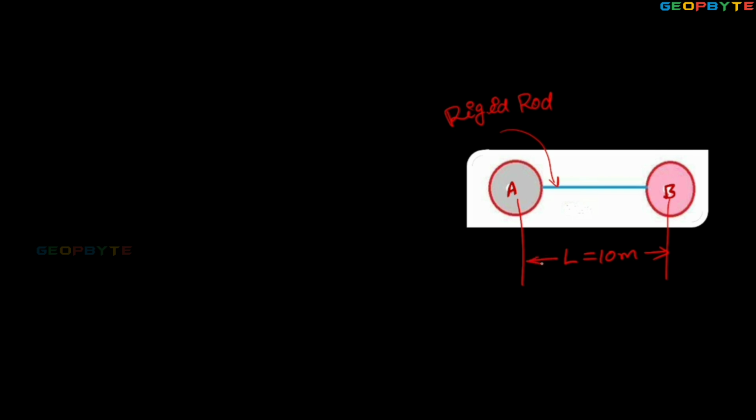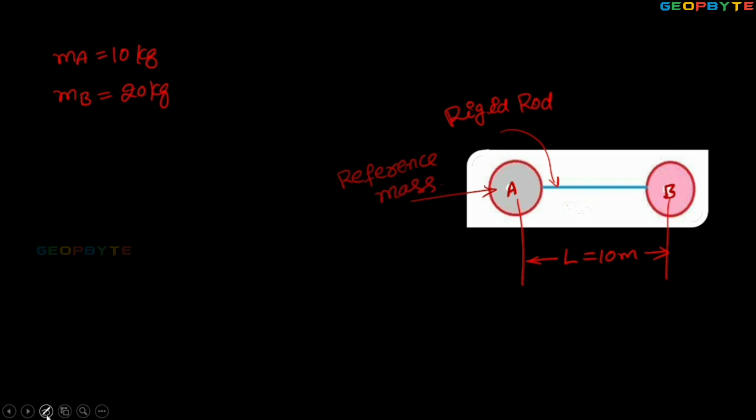One mass I am assuming as MA, let MA equal 10 kilograms and the other mass MB 20 kilograms. Since it is asking to decide the center of mass with respect to 10 kg, therefore, mass A is the reference mass. With respect to that reference mass, we need to decide the distances.